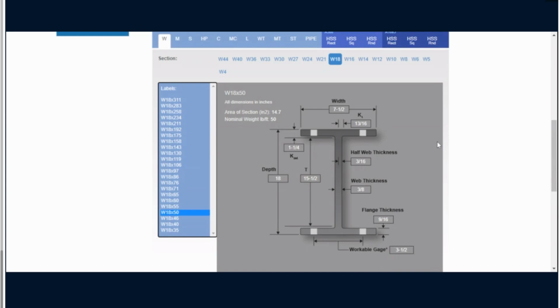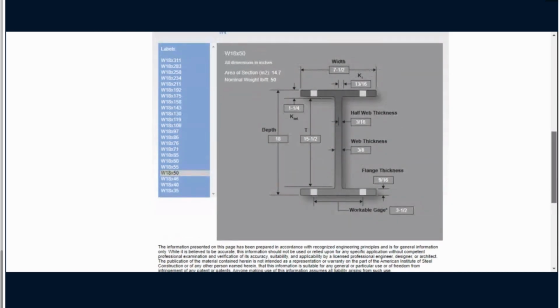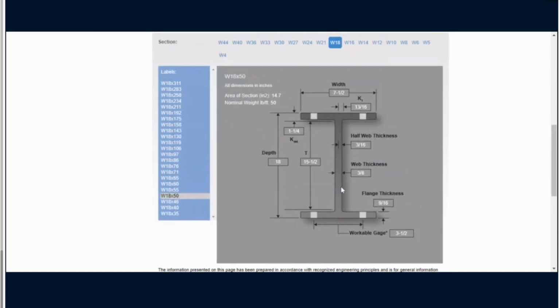All of these are in inches, as denoted here. The only disadvantage of this one is that it does not give you the other section properties like moment of inertia, plastic modulus, or section modulus. This tool does not give you that.